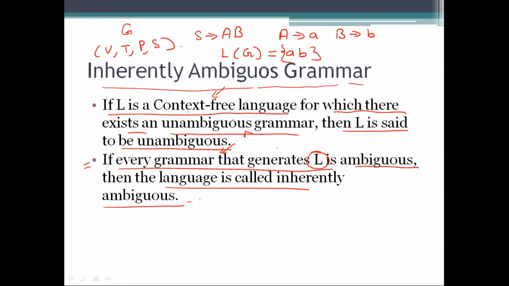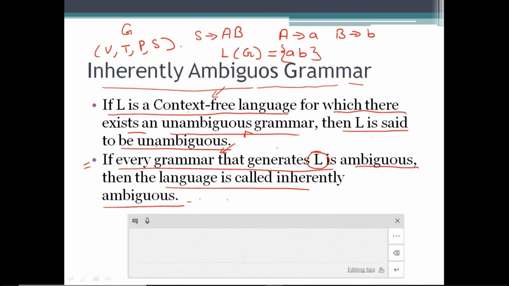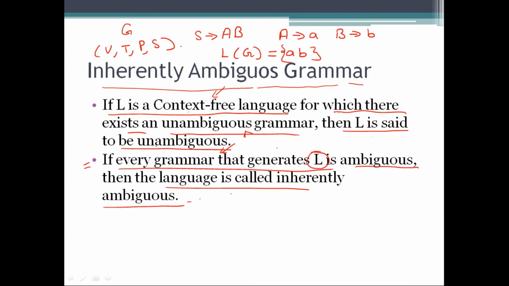Now the same thing if I write like this: S is rewritten as AA and A is rewritten as B, and this one is G1. So what is the language generated by this grammar? Small a, small b.